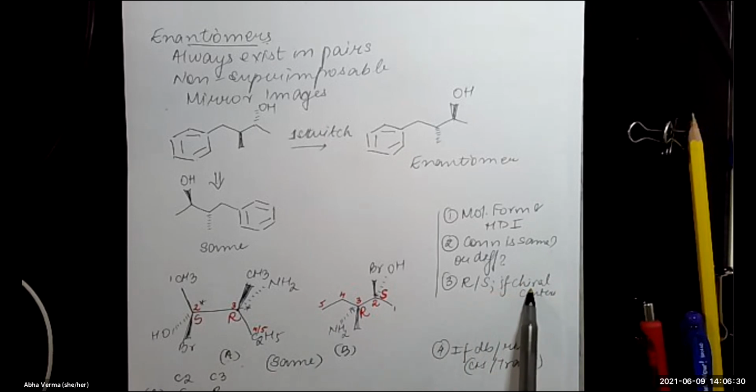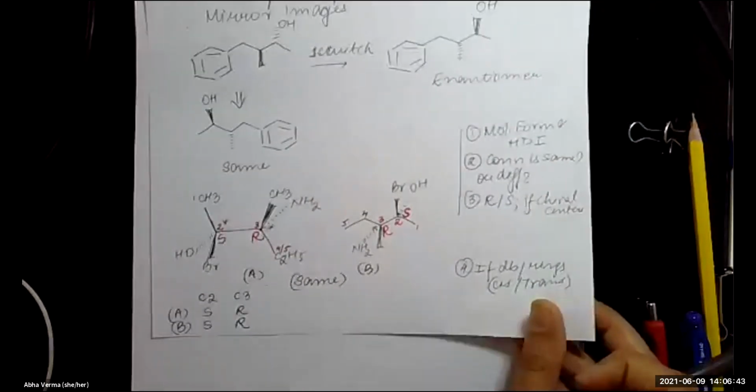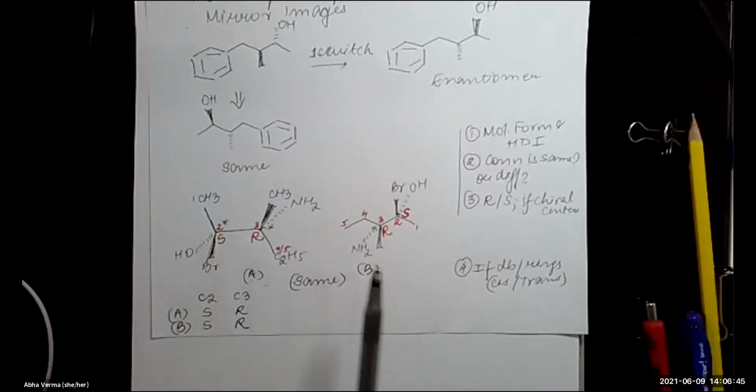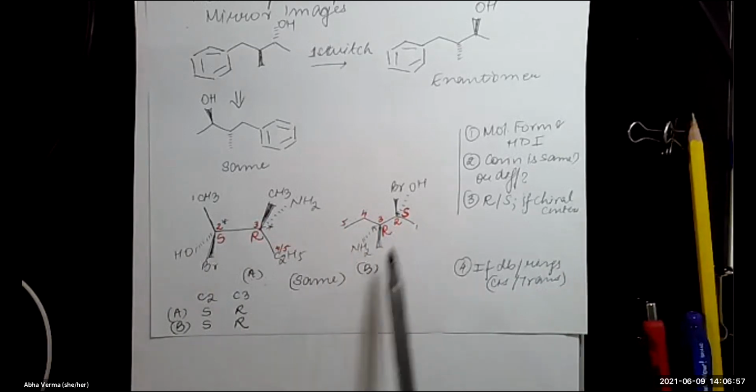If there is a chirality center, assign R or S configuration to each of those chiral centers. And then compare, just like we did in these two structures. And don't be scared. There might be one chiral center, there might be two chiral centers, there might be more chiral centers also. So don't be scared. Just label your structure 1 and then label your structure 2 accordingly.